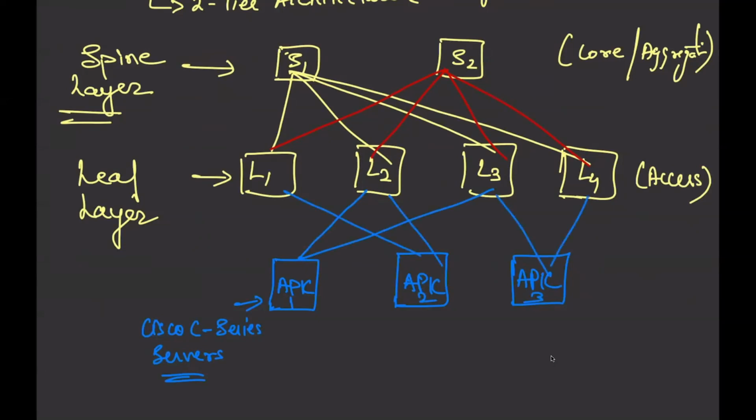It's better to connect to different leaves to provide redundancy, but there is no hard requirement. Some controllers have 2 ports, some controllers have 4 ports. The controllers which have 4 ports are going to be connected in an EtherChannel, in a bundle.